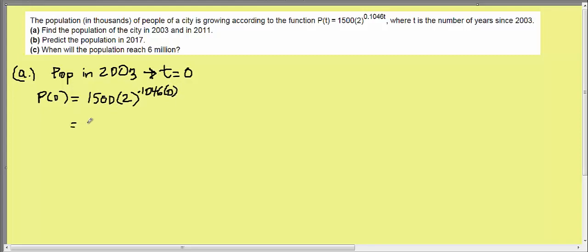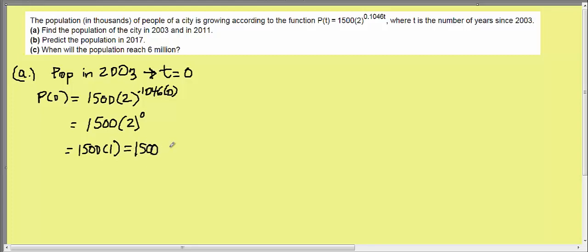Okay, so you probably see pretty quickly that this is the same as saying 2 to the 0. Now, another rule of exponentials is that any base raised to 0 is always going to be 1. So this is 1,500 times 1, or just 1,500.